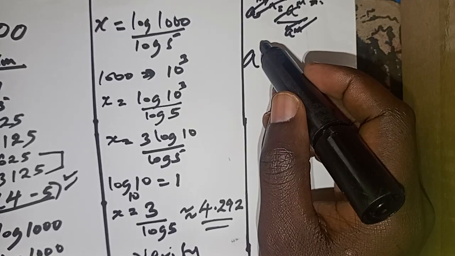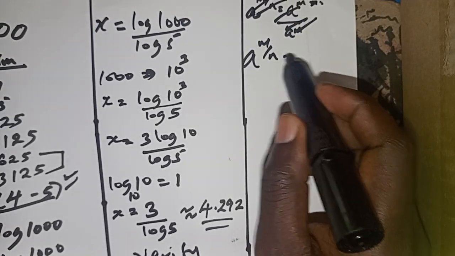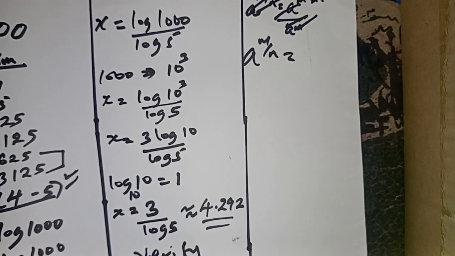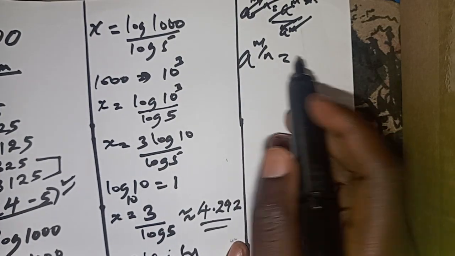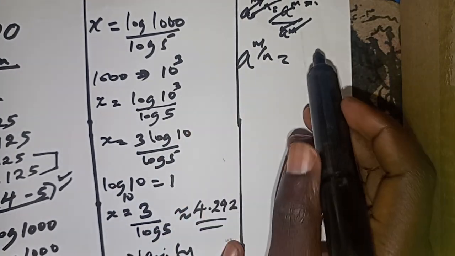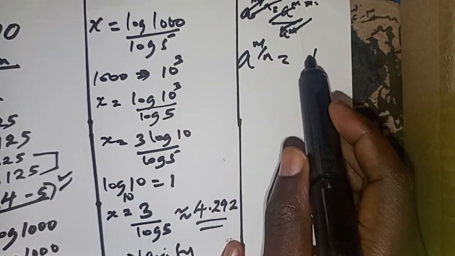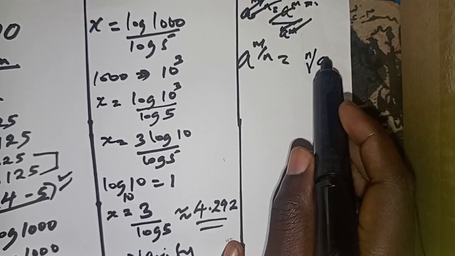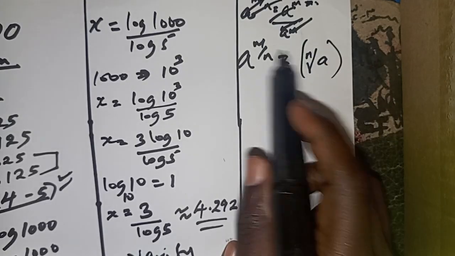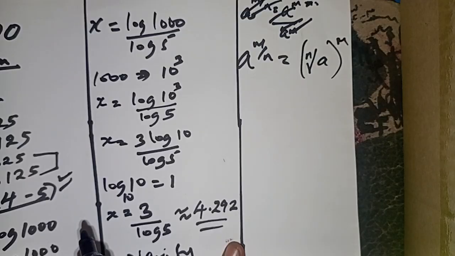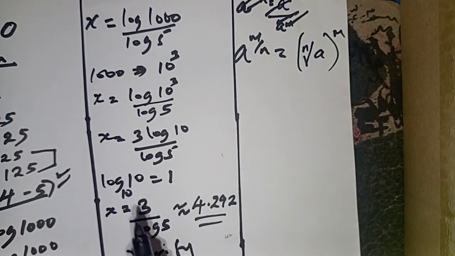If we have a raised to m over n, this follows the law of taking the nth root of a, and then we power it to m.